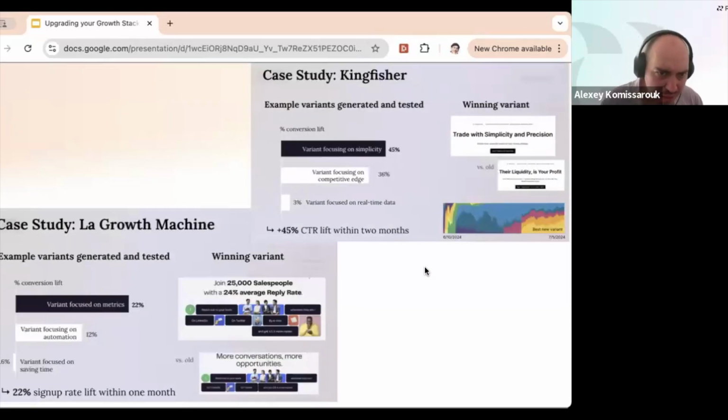And again, you'll see a couple of use cases here where for certain companies it's not just coming up with copy blindly. It understands the concept of themes and bets and saying, okay, if this is true, how should we change the copy? So Kingfisher and the growth machine: focusing on metrics helped with the growth machine, focusing on simplicity helped with Kingfisher, etc. Now, is this as good as a highly competent growth engineering pod focused on landing pages?